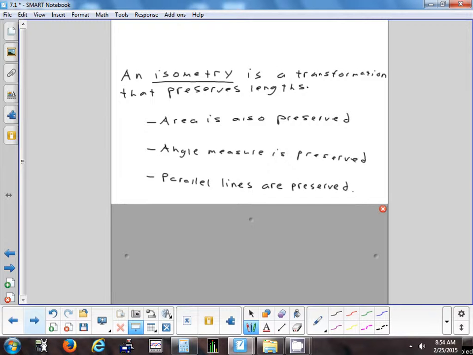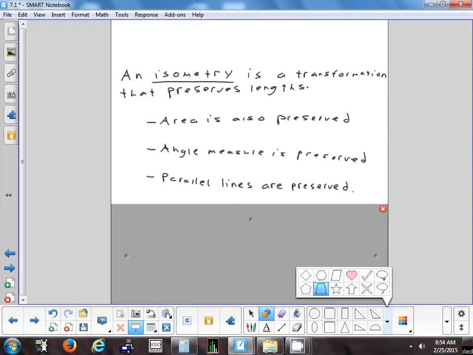Parallel lines are also preserved. Take a parallelogram and rotate it. No matter how you rotate it, the original sides that were parallel are still parallel.